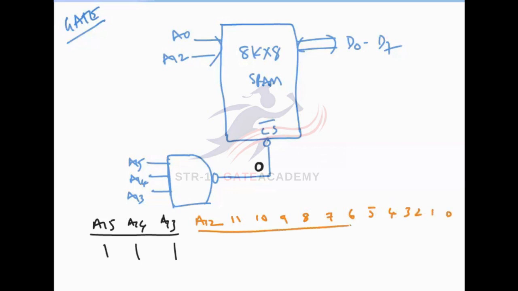These are directly connected, so for the starting address we always take 0. I am writing all zeros. What is the ending address location? The ending address should be all 1s.